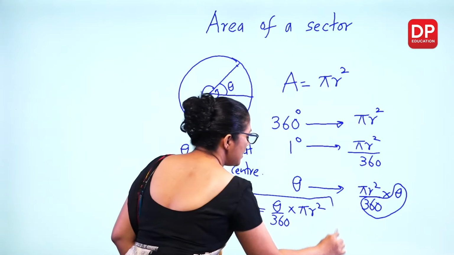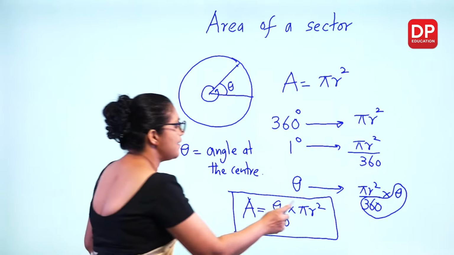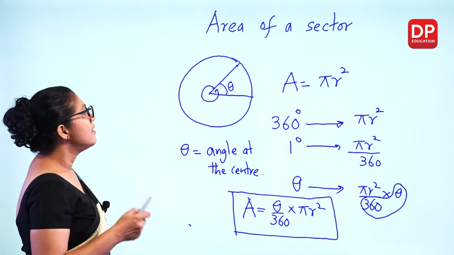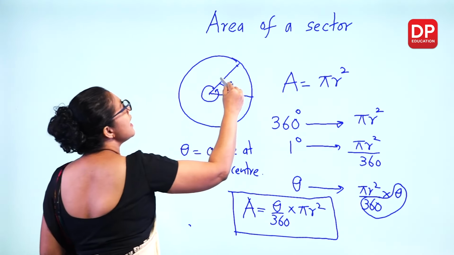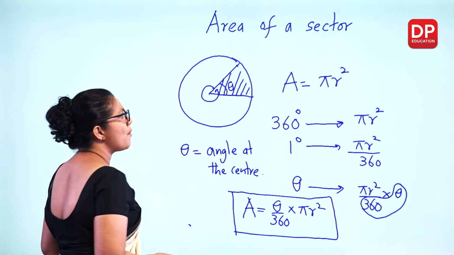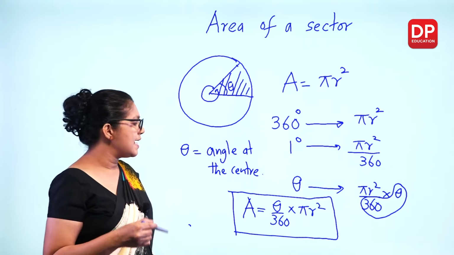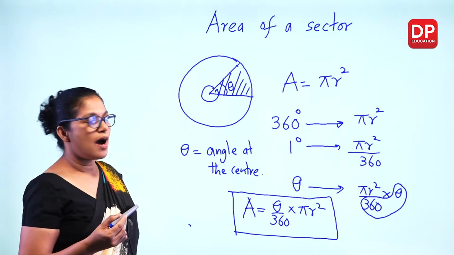If you know the angle at the center and the radius r, you can find the area of the sector using this formula. So what's the formula? Angle divided by 360 into pi r squared.